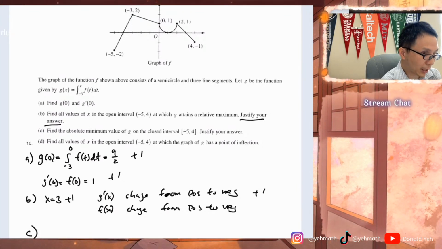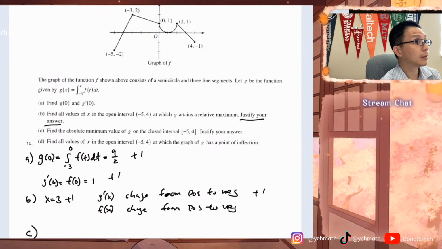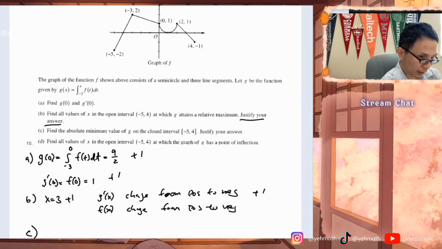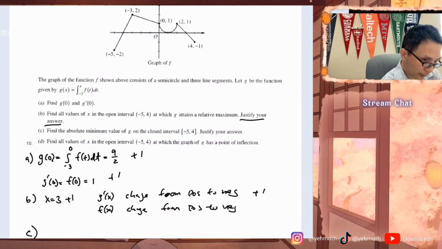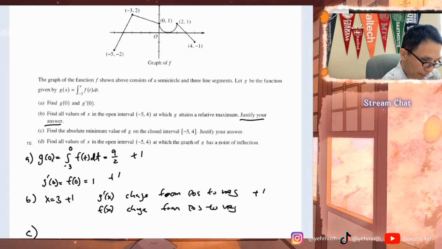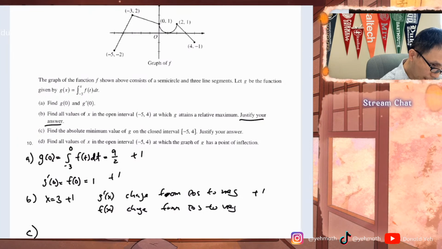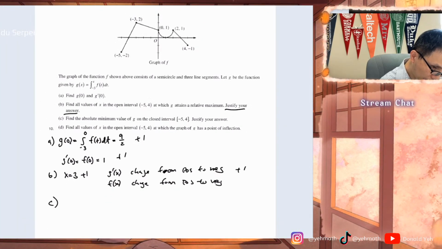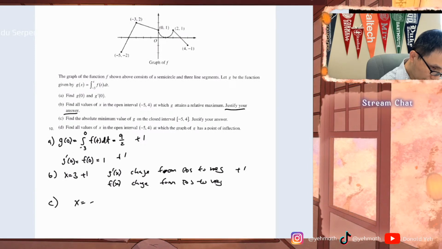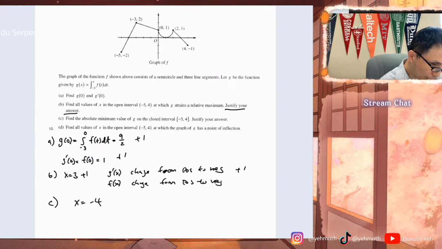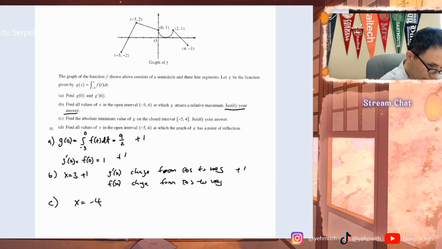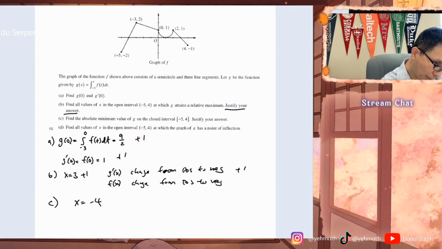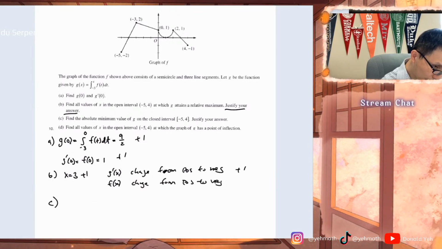Do you have any negative to positive here? It's at -4? Okay, so you're going to say at x equal to -4, and you're going to justify. Hold on a second. I'm not sure about that. Let's go back and look at this.